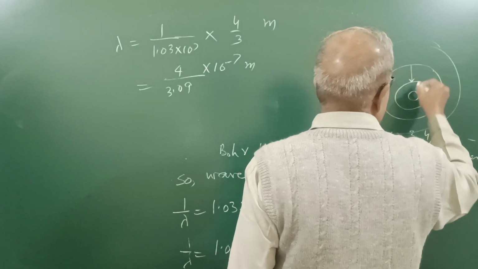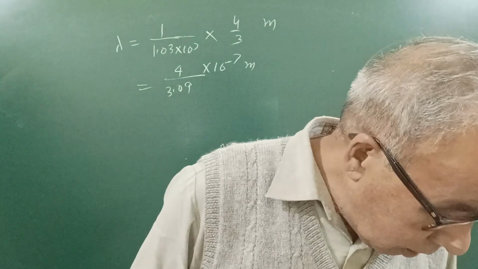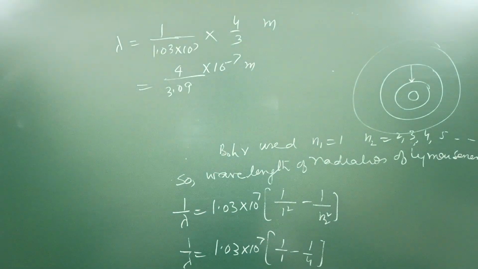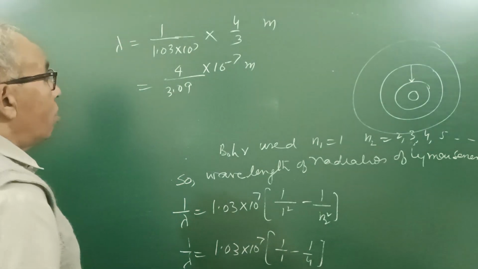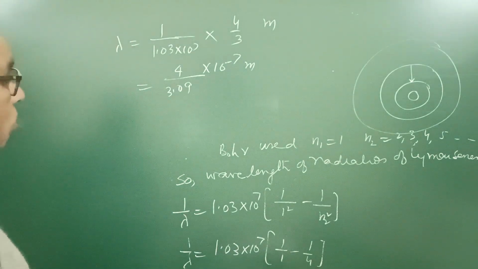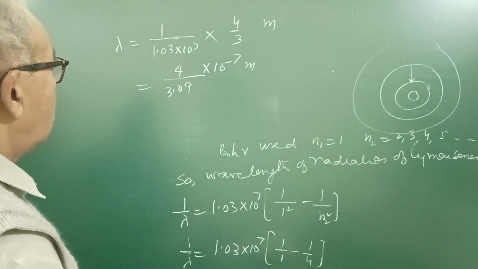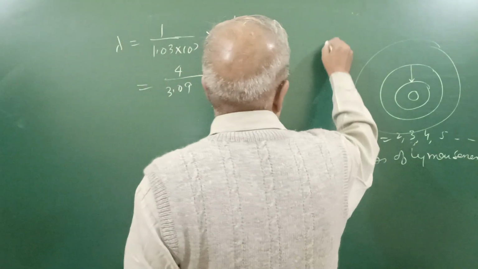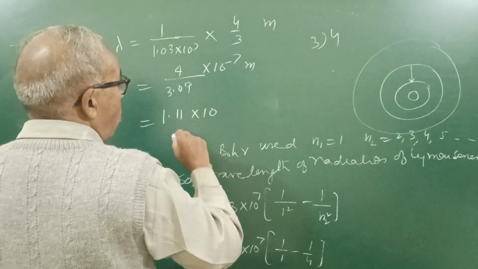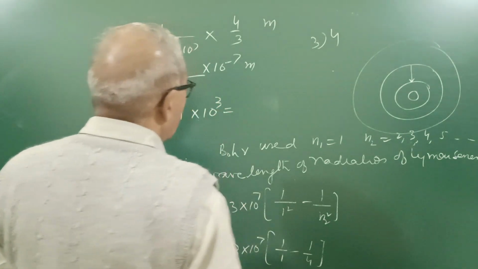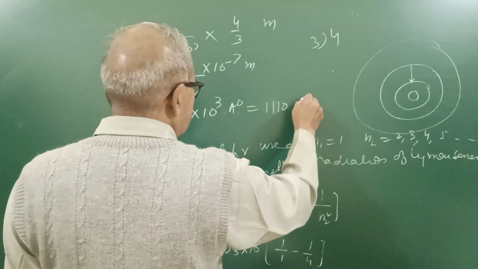When the electron jumps from here, it gives the longest wavelength, and this longest wavelength is close to 1215 angstrom. Yes, it is our longest wavelength, nearly.